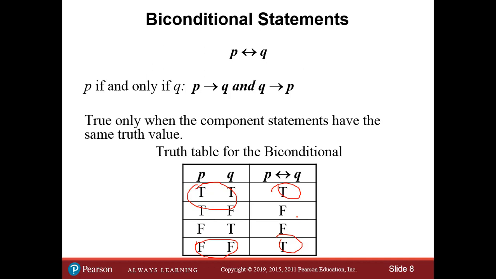If they have different truth values, then they're false. Okay? Or you could write out in symbols this and this. Okay, and do the table with this one, and you'll get the same thing.